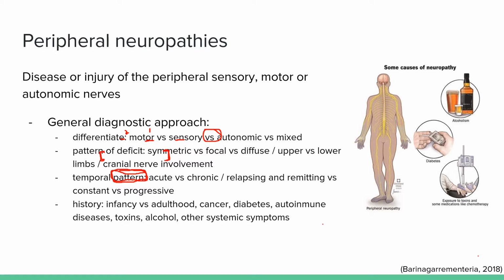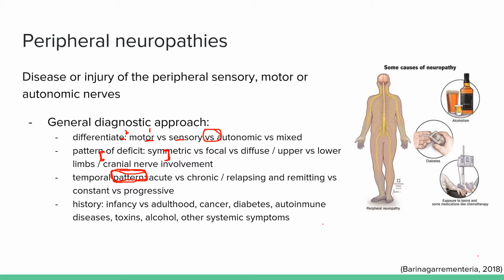Also, history, the age of onset of the disease, infancy versus adulthood. When it begins in infancy, we tend to think of hereditary congenital diseases, and when the disease starts in the adulthood period, we're going to think more of acquired or degenerative disease.